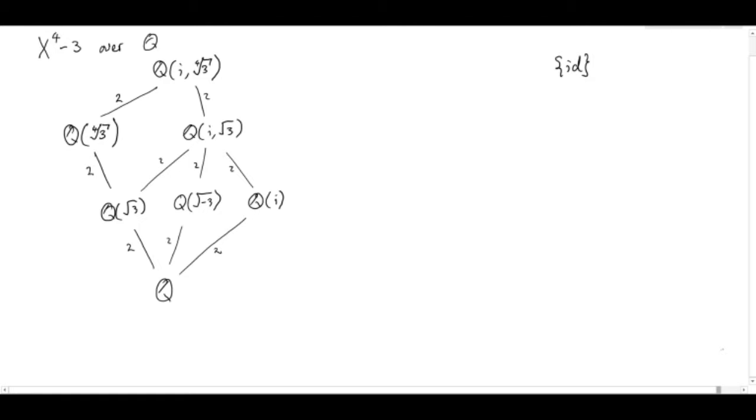So let's see if we can write down a few of them. Clearly one of them is complex conjugation. We can map i to minus i, and keep the fourth root of 3, which is a real number, fixed. And if we apply sigma twice, we get back to the identity automorphism.